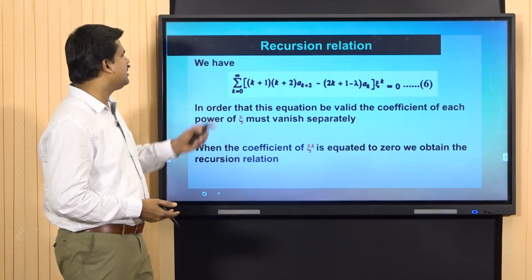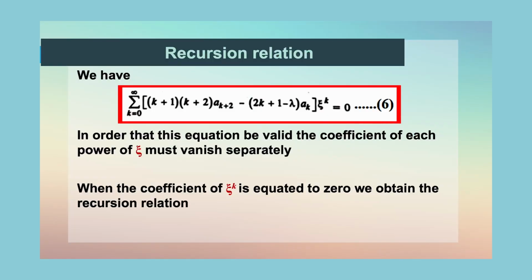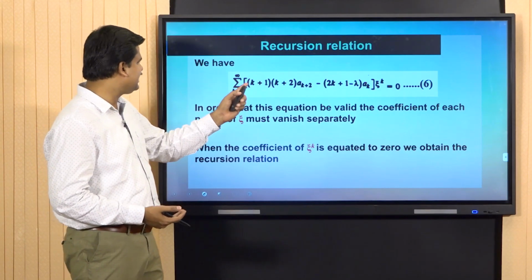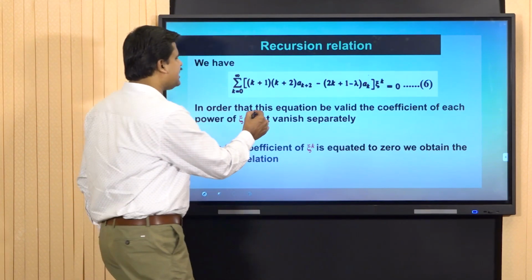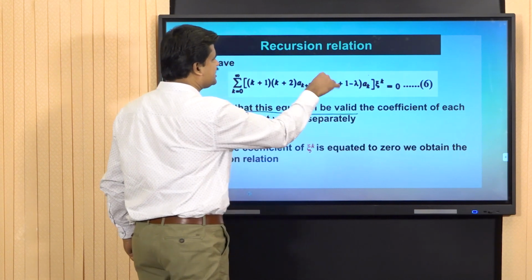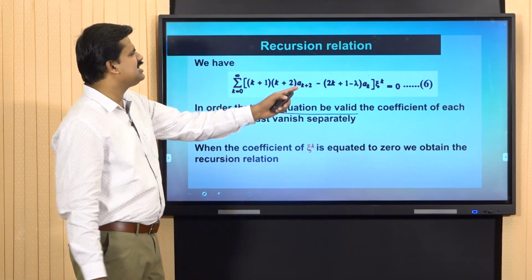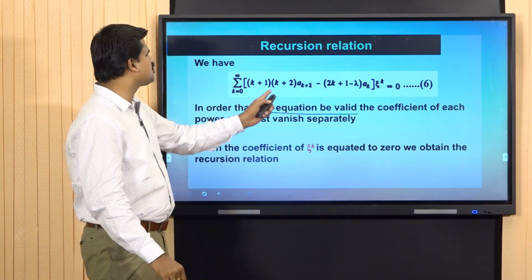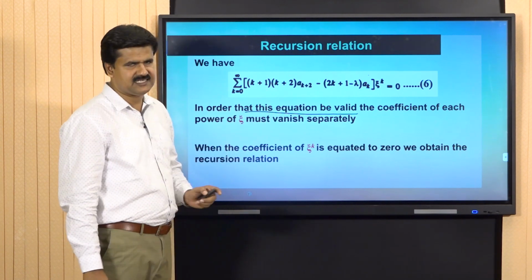Now we have summation k is equal to 0 to infinity, k plus 1 into k plus 2, ak plus 2, minus 2k plus 1 minus lambda, ak psi raised to k is equal to 0. In order for this equation to be valid, the coefficient of each power of psi must vanish separately.